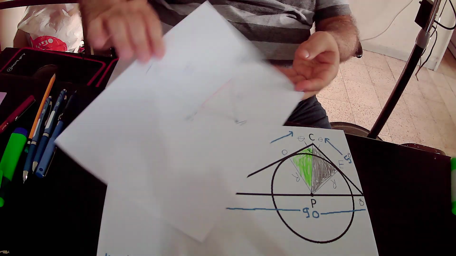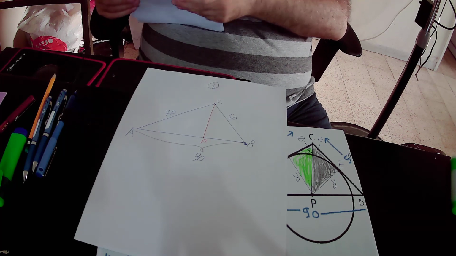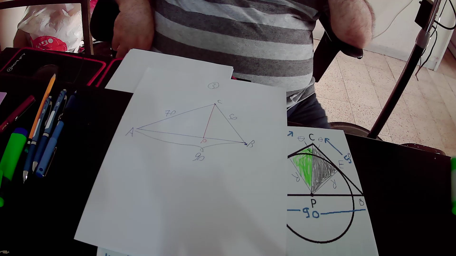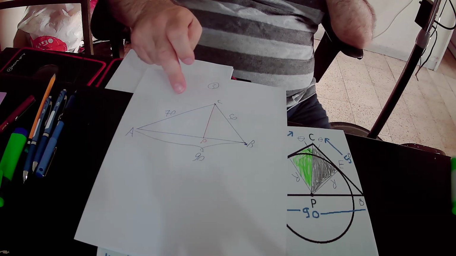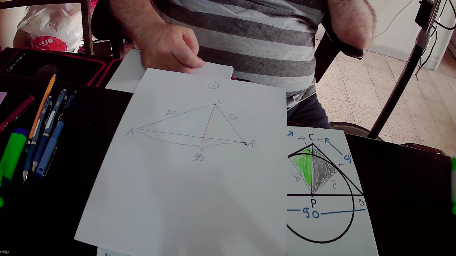So this is triangle ABC. Side AB equals 90 units, side AC equals 70 units, side BC equals 50 units.